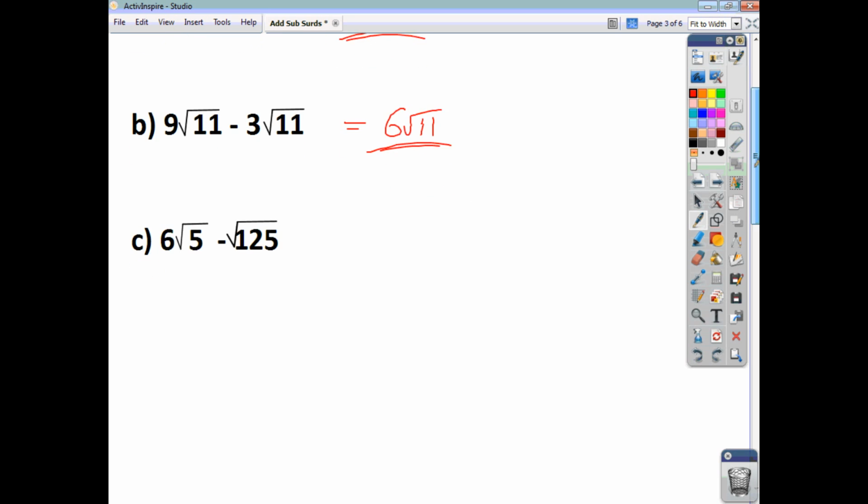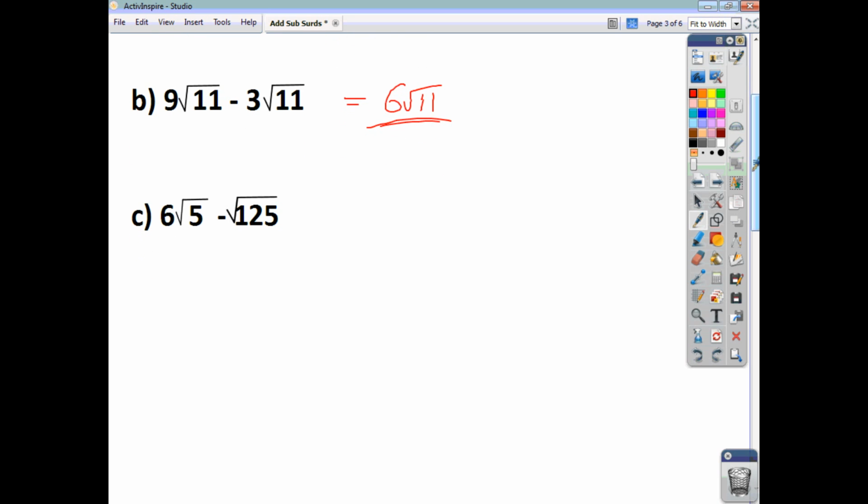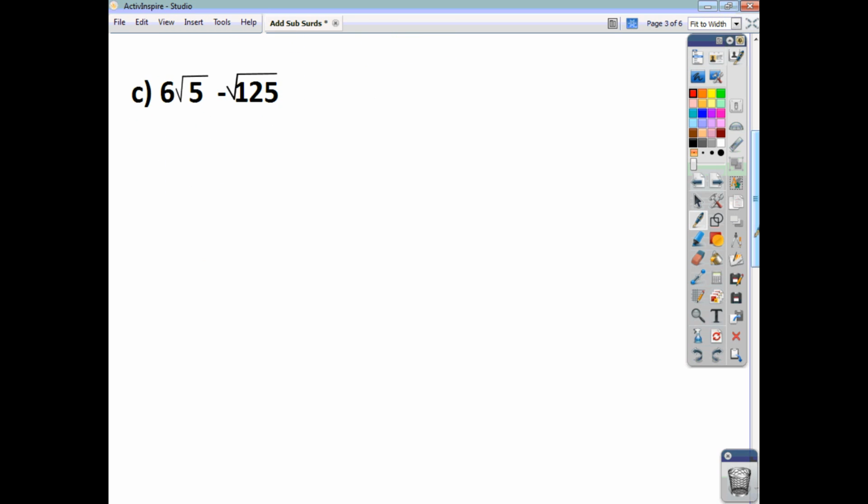Now, very often you'll have to do a wee bit of work, and you'll have to simplify what you've got before you can perhaps do your addition or subtraction. And that's what we've got here. So you've got 6 root 5, that's already simplified for you, but root 125, you've got to do a wee bit of work on that. Now, to simplify that surd, you have to think of square factors. What goes into 125?